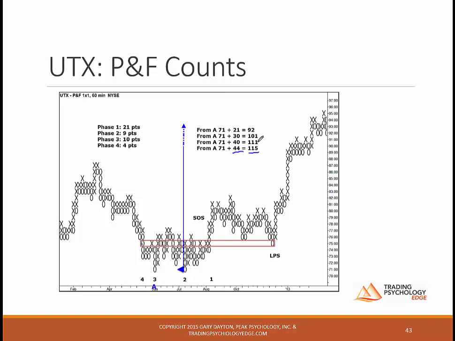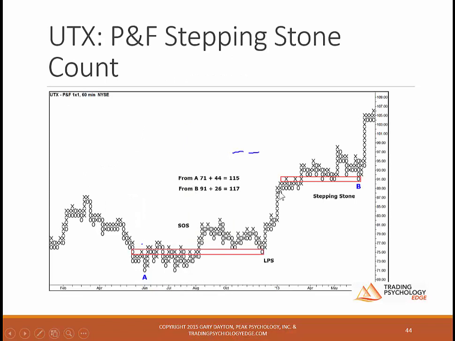We've got other phases along the way, but that would be the full phase. Now we look here, and we get a stepping stone count along B from the 91 line. That would bring us up to 117. So 117 is basically the same as 115. I don't see a whole lot of difference there.